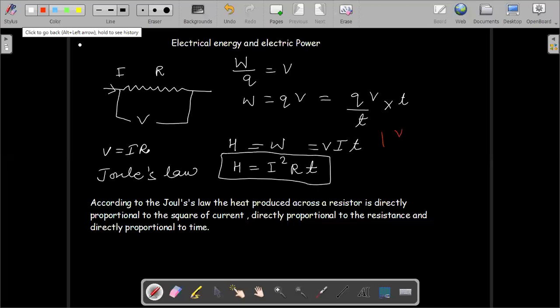I know that V is equal to IR, so I get the value of current as I equals V over R. Using this relationship, the heat produced will be equal to V squared over R squared times R times T. Here the R and R get cancelled, therefore you get V squared over R times T. So the amount of heat that will be produced can be given by any of the three formulas.